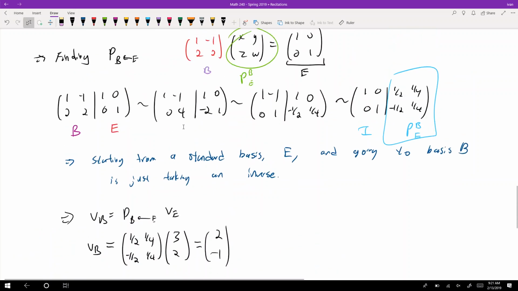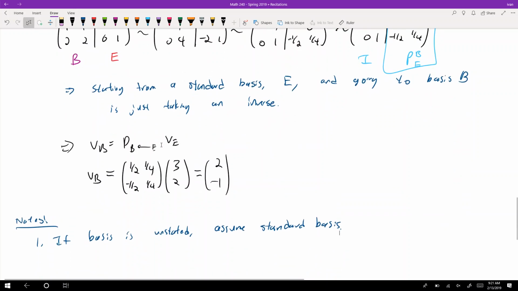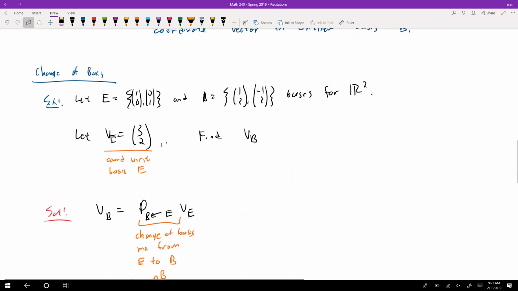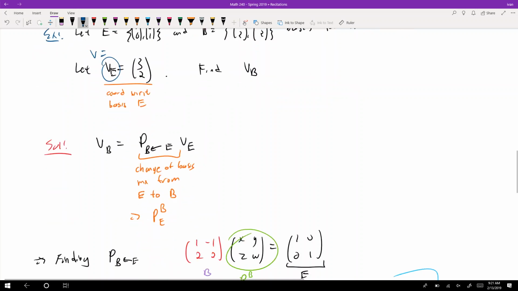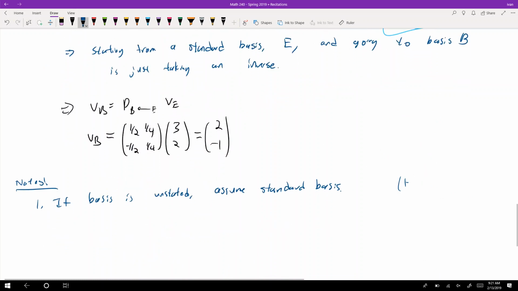So, for example, I wrote VE, but almost no one ever writes VE because they'll just tell you it's V. So if this vector right here was just V equals instead of VE equals, just assume that was given to you in the standard basis. And this actually happens on the homework. Number 6 on the homework, you're given a bunch of regular vectors, and McGrath asks you to express it as a coordinate in some other basis, but he never gives you the original basis, so you just assume the standard.